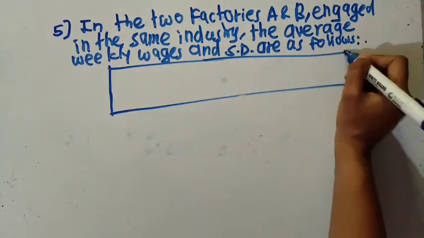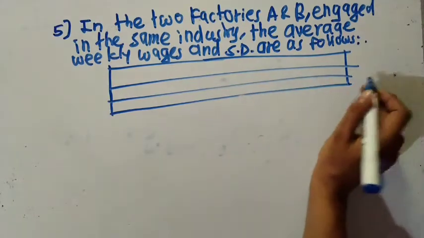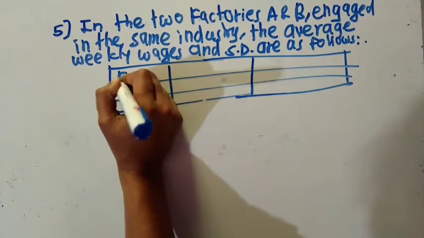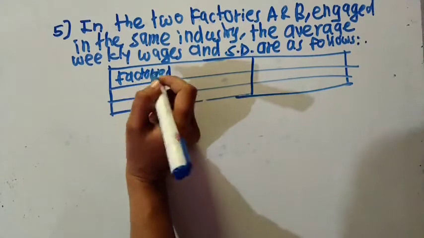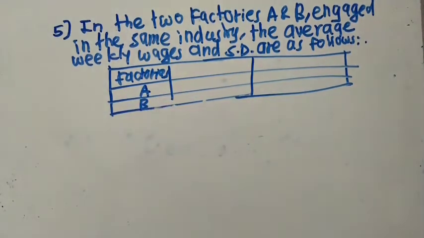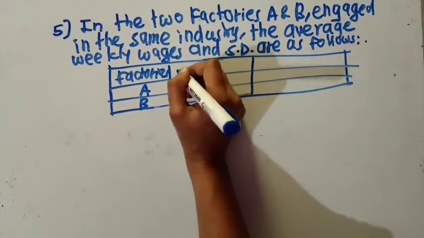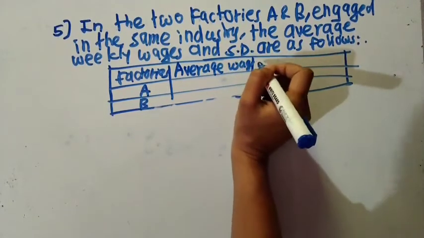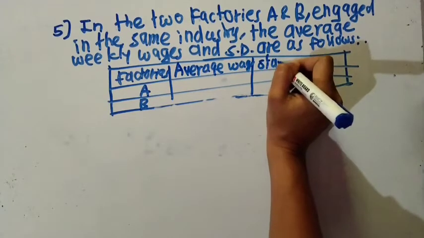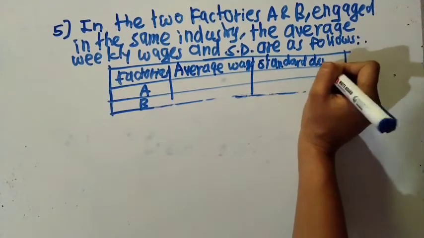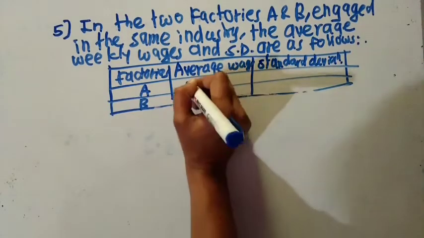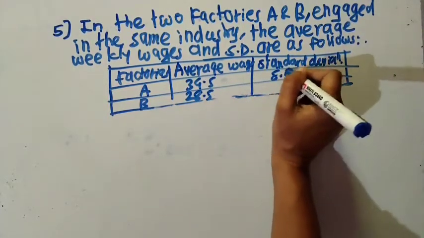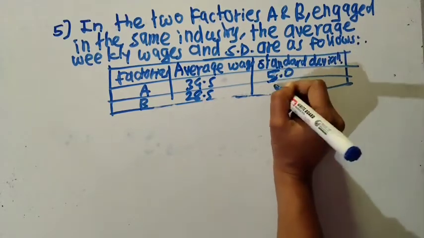So these are factories A and B. First the average wages, and this is the standard deviation. 5.0 and 4.5.